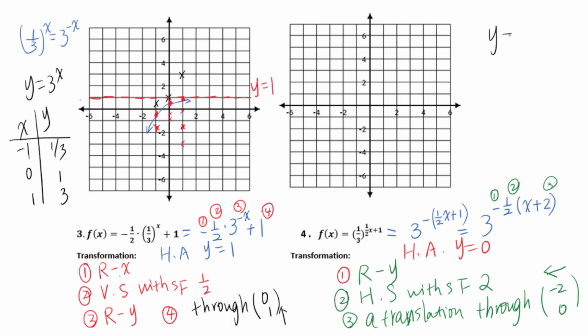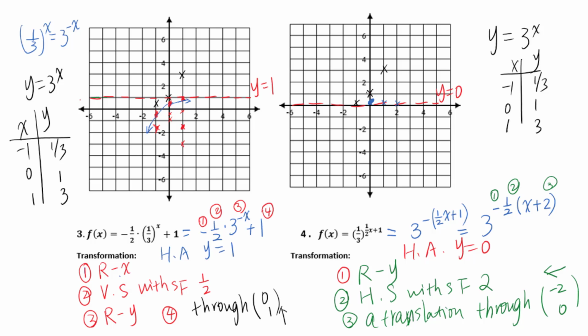The parent function is still y equals 3 to the x power. The x-axis is a horizontal asymptote line. So for this point, reflect across the y-axis here. Horizontal stretch with the scale factor 2, go here. Then go to the left 2 units, go here. Let's check this point. Reflect across the y-axis, it stays. Horizontal stretch with scale factor of 2, it stays.